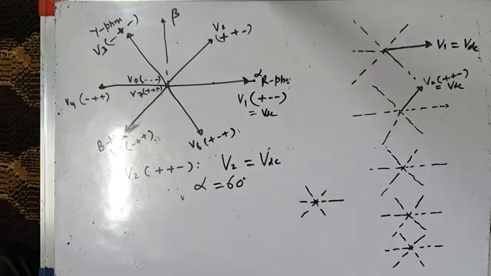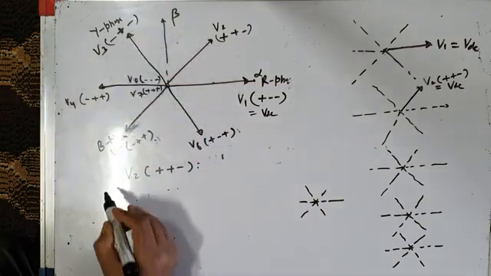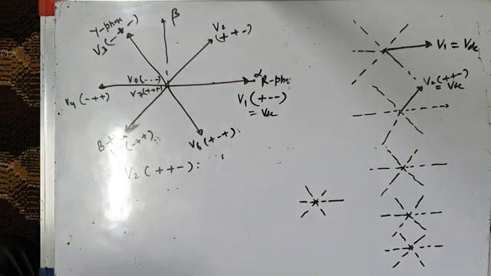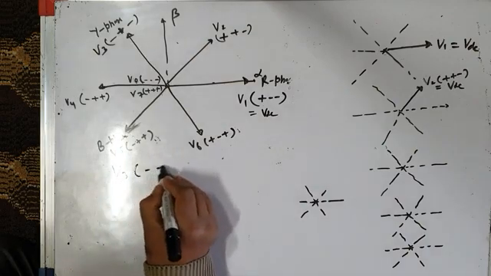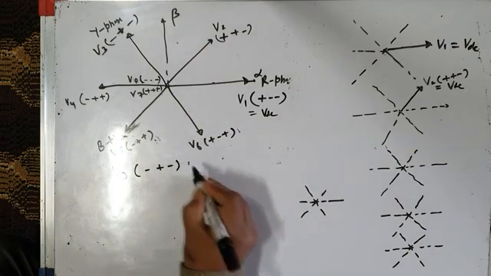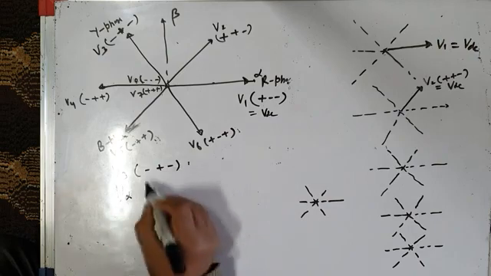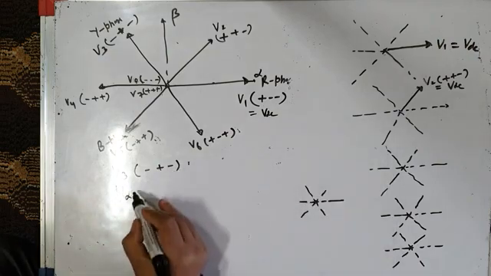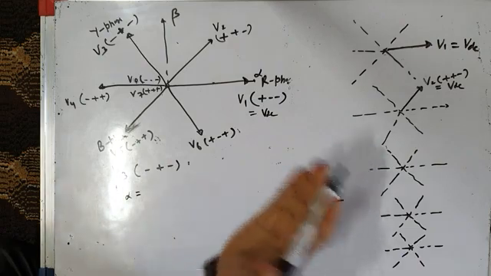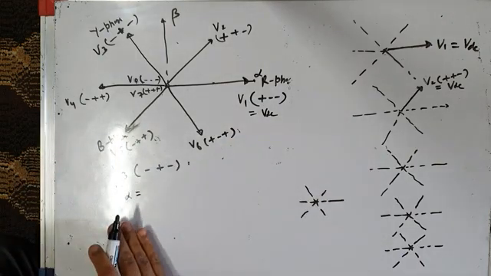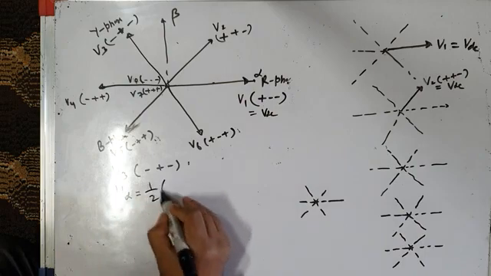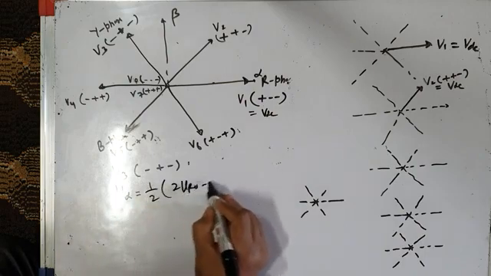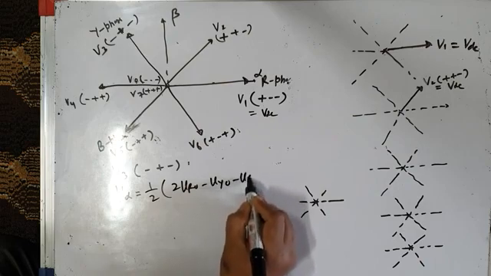Let me take the third switching state now. What is my third switching state? Minus plus minus. My third switching state is V3, minus plus minus. So what is alpha? When I transform those three-phase voltages into the two-phase alpha beta reference frame, the alpha component of voltage is 1 by 2 into 2 VRO minus VYO minus VBO.